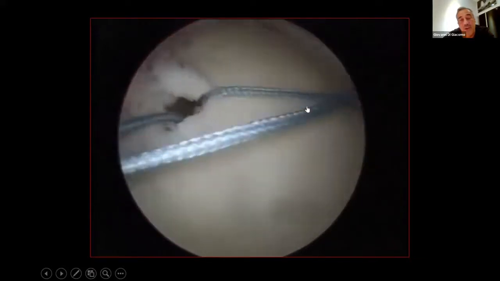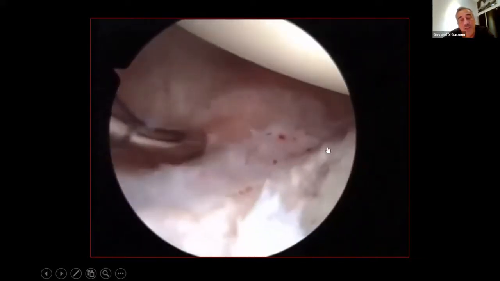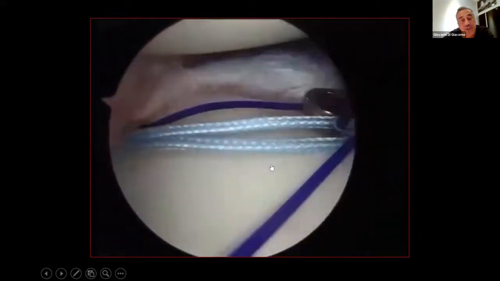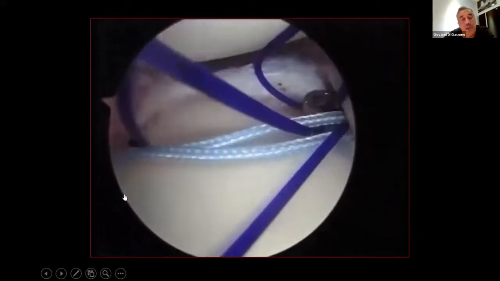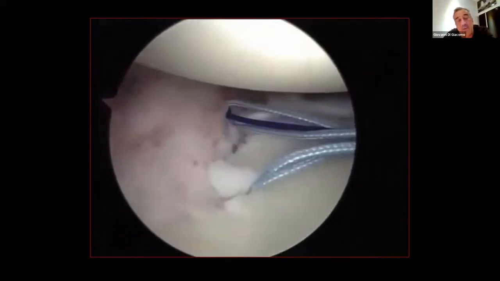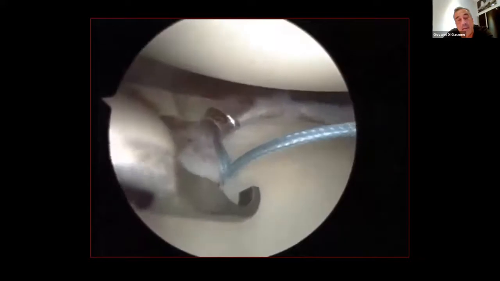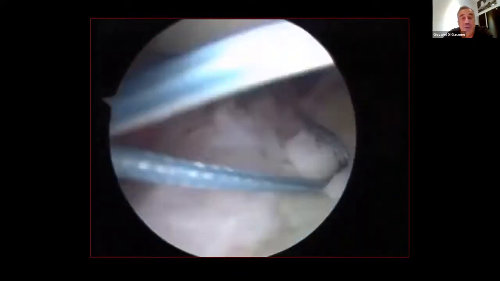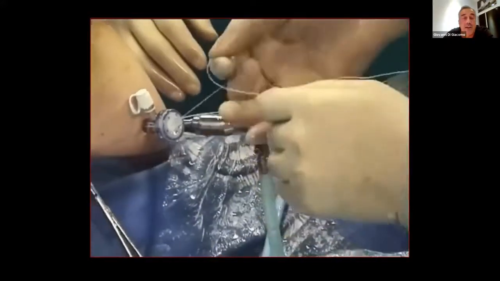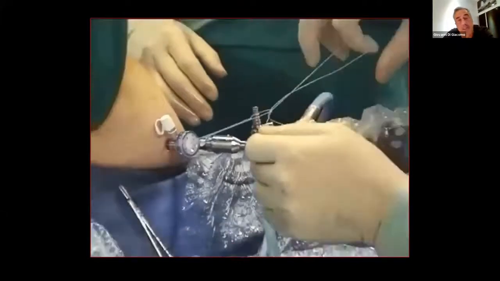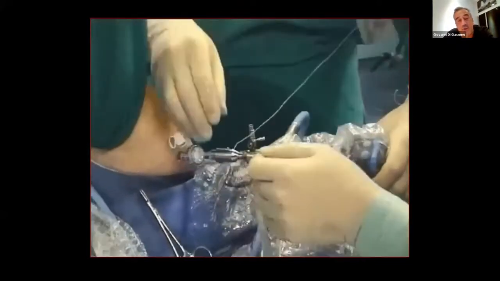We retrieve one of the stitches from posterior, and very, very important, we use the suture passer inferior to the anchor, because when we tie the knot, we want to shift the capsule from south to north. That is the main concept. And recently there are many surgeons around the world that are putting an anchor at 6 o'clock from the posterior superior portal.